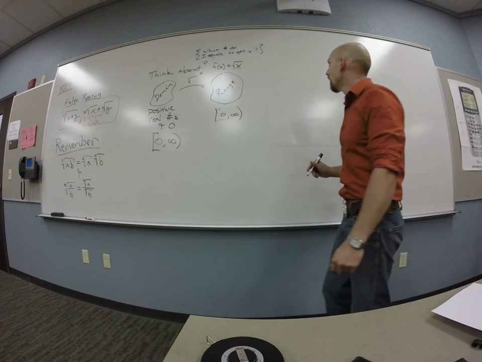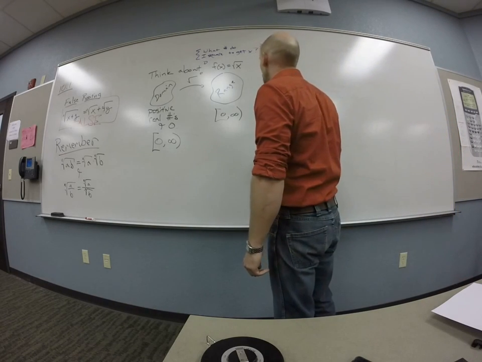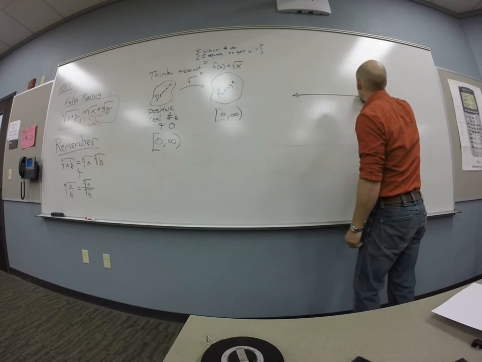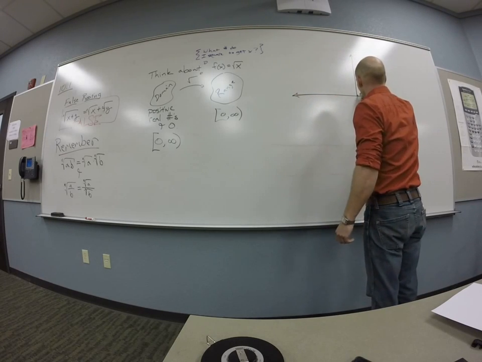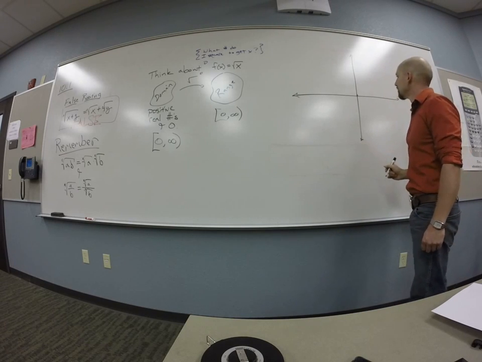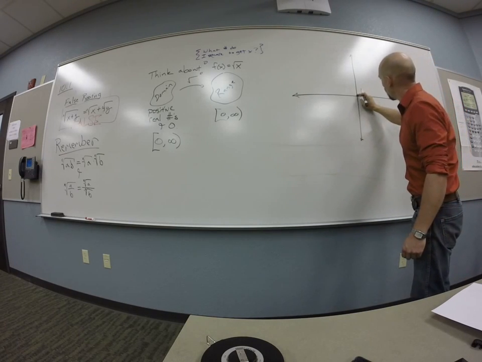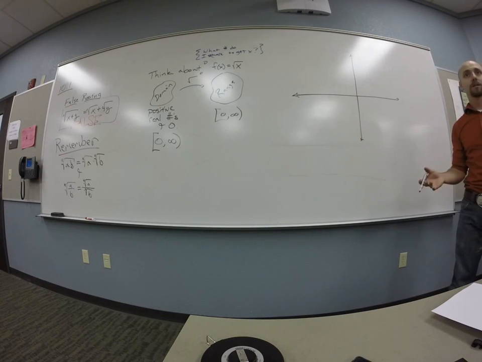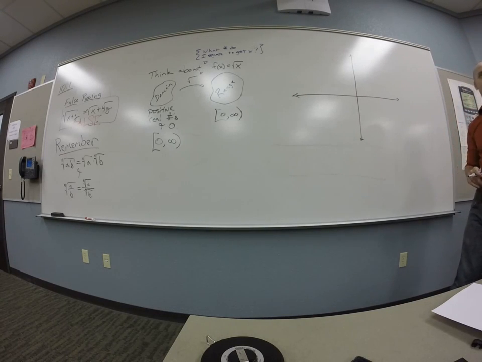Okay, so can I draw a picture of the square root function? Maybe is the right answer. I'm thinking here I want to draw a picture of the graph, right? What's a graph? Picture of a function, right? What are the points on the graph?